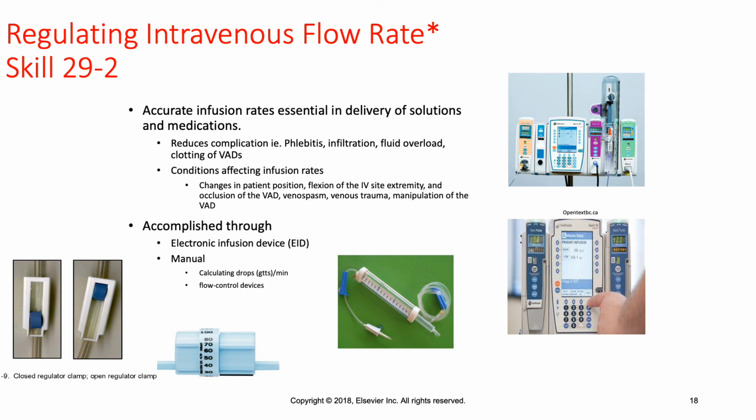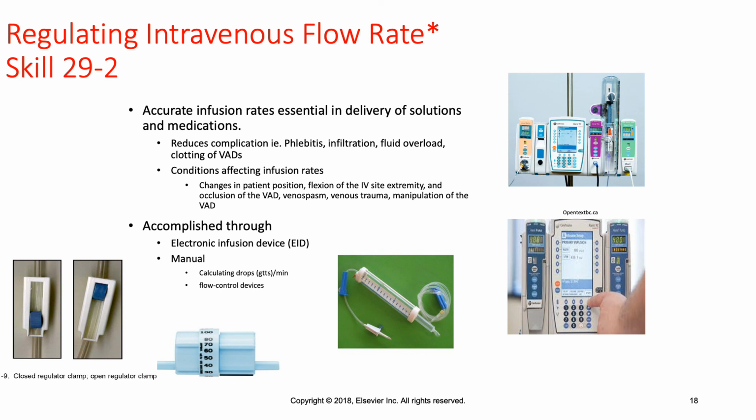Regulating IV flow rate is skill 29-2 in your skills textbook. Accurate infusion rates are important when delivering solutions and medications. When the infusion rate is appropriate, it will reduce the complications of phlebitis, which is inflammation of the vessels, and infiltration, which is when the IV catheter comes out of the blood vessel and goes out of the vein into the tissues.